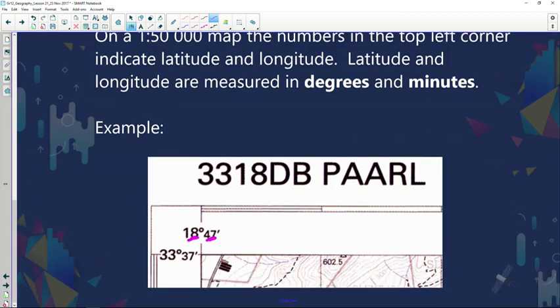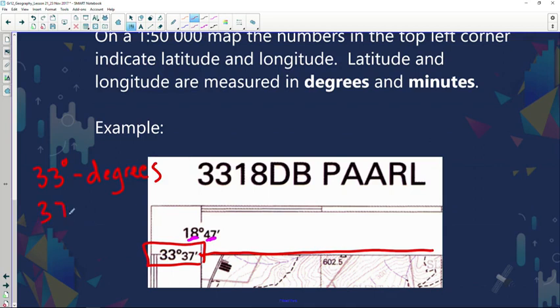If you look over here, I'm going to use two different color pens and get this right the first time. Always start with lines of latitude. Here are your coordinates for your lines of latitude. It's the horizontal lines. As you can see, the 33 is degrees, 37 is minutes.